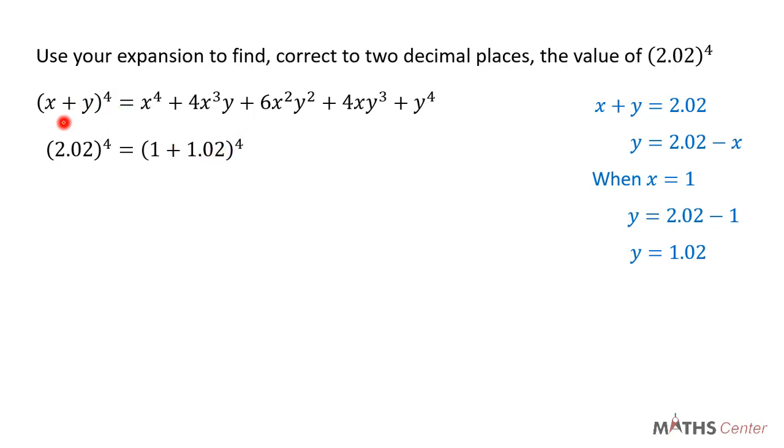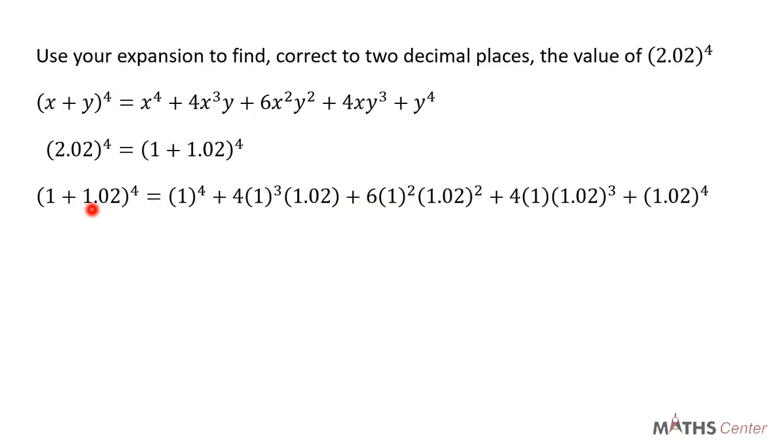So if I'm going to use the expansion of x plus y exponent 4 to evaluate 2.02 exponent 4, then I will substitute x is equal to 1 and y is equal to 1.02 into this expansion. Let's do that. So we are going to have 1 plus 1.02 exponent 4, which is the same as 2.02 exponent 4, to be equal to, we will substitute x is equal to 1 and y is equal to 1.02 into this expansion.